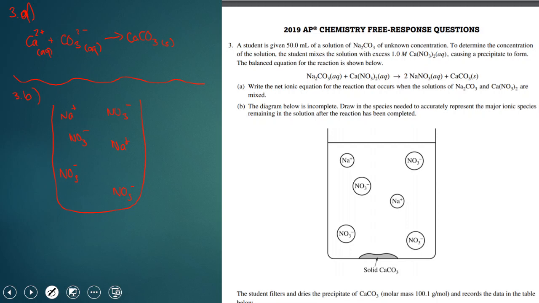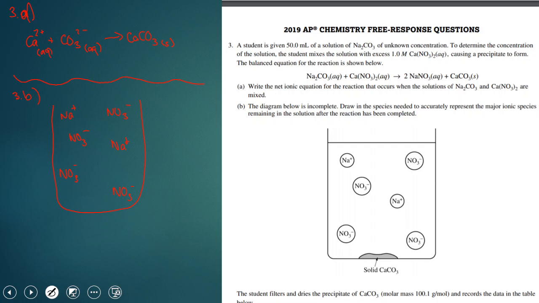Well, what we are told is that we're trying to find the major ionic species remaining after the reaction has been completed. So we start off with Na2CO3 and calcium nitrate, and we form 2 NaNO3 and calcium carbonate. Keep in mind the quantities. So what do we notice here?